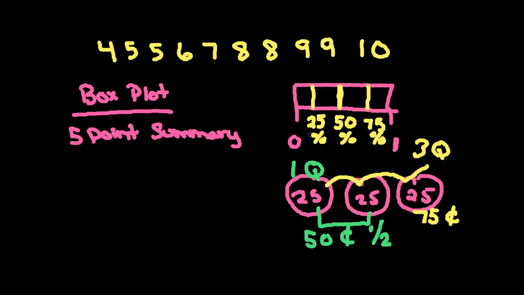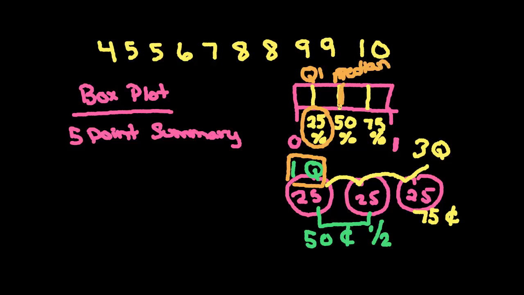And we call the 25th percentile Q1. Notice what we called it here: 1Q, 1 quarter. Here we're just calling it Q1 instead of 1Q. The 50% mark is the middle, and we have a special name in math for the middle, the median.